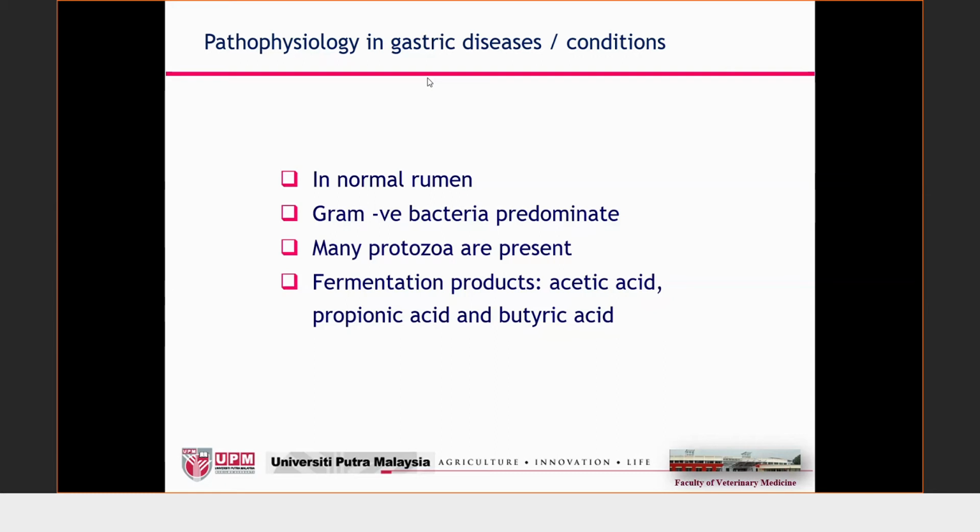This is more important because the digestive systems of monogastrics and ruminants are different. The fermented products involve the production of acetic acid, propionic acid, and butyric acid.